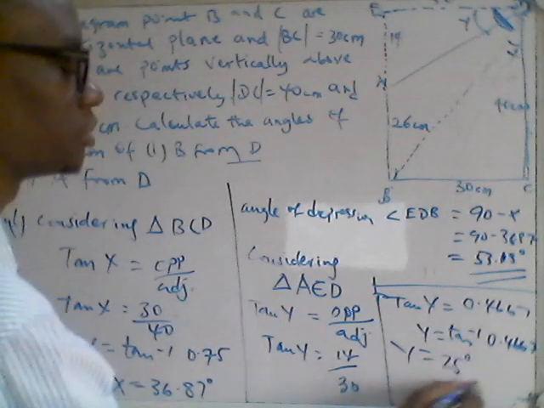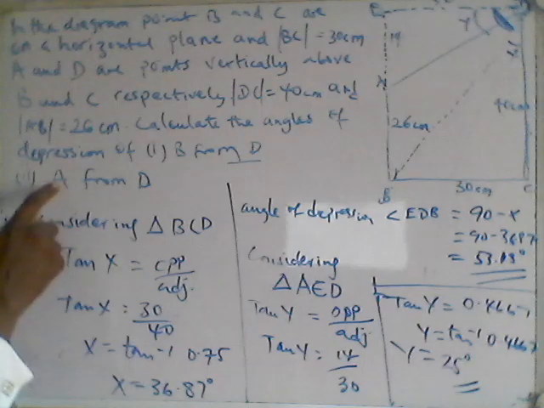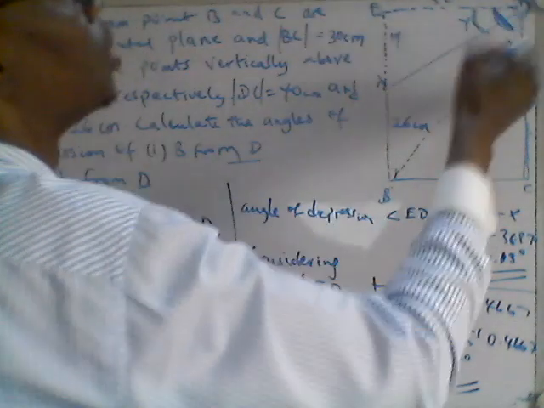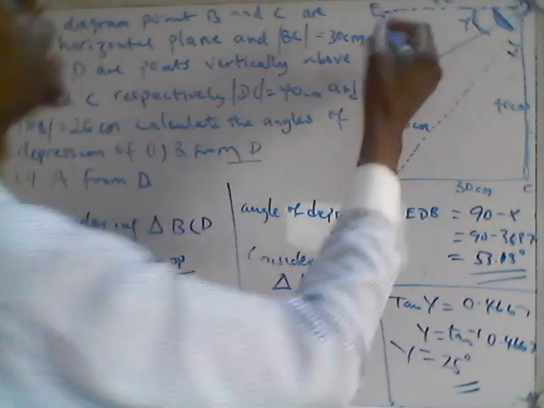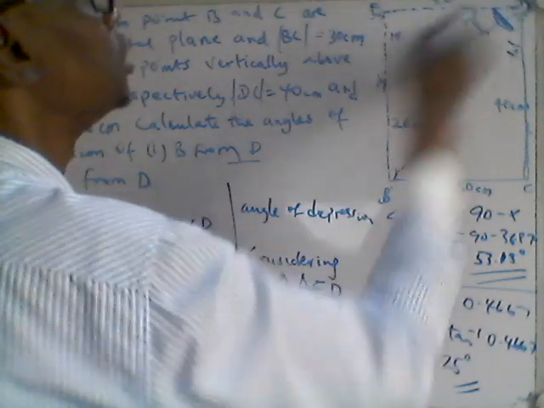So this 25 degrees approximately represents the angle of depression of A from D. So this is the angle of depression Y, and the angle of depression is given as angle EDA. Okay, let me put it here.